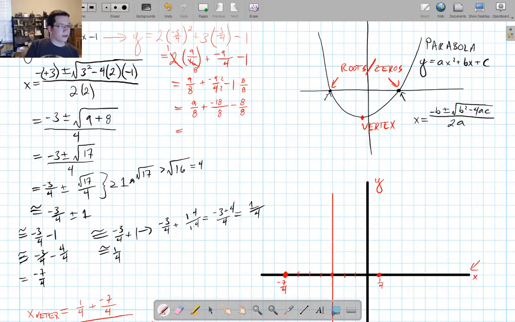Now we combine everything so it's all over the same bottom. Negative 18 minus 8 is negative 26. 9 minus 26 is negative 15 over 8, which is a little less than 2, so it's going to be 1.875.